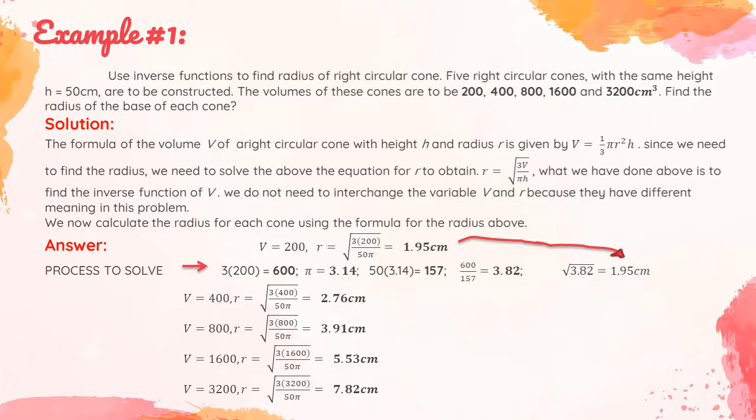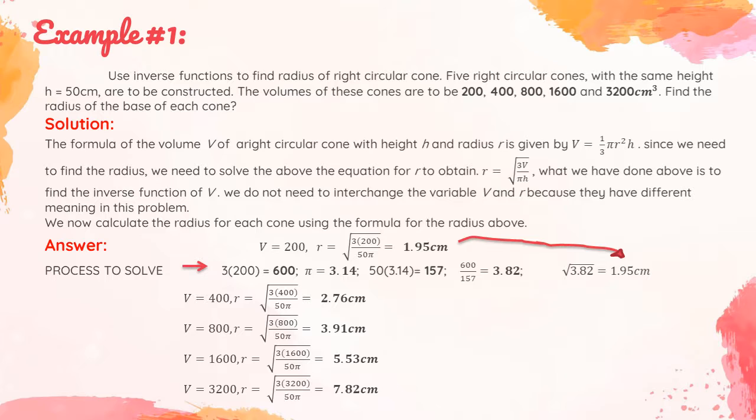Next, using our formula. So, let's solve. So, meron tayong simple process here kung paano po ba natin isosolve itong problem na ito. So, ang ating formula ay r equal square root of 3V over pi h. So, yan po yung, class.